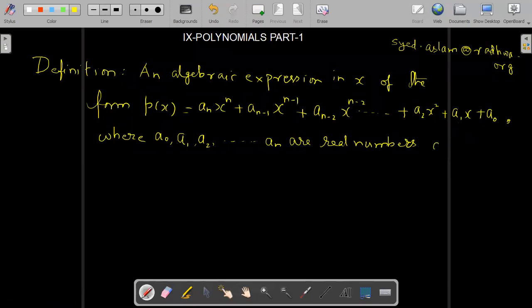And one more thing is important. an should not be equal to 0.